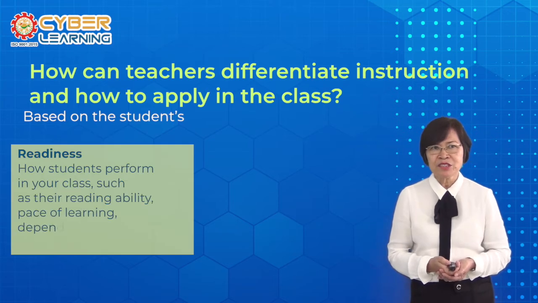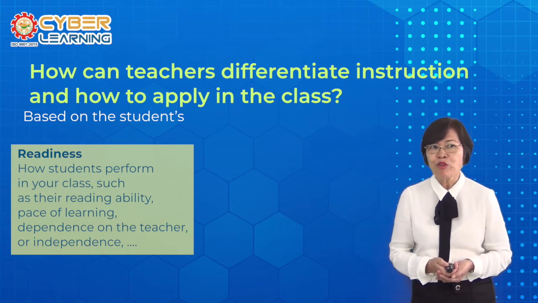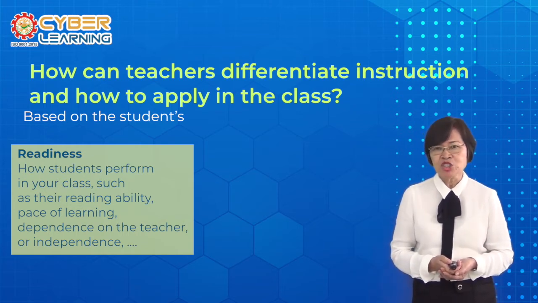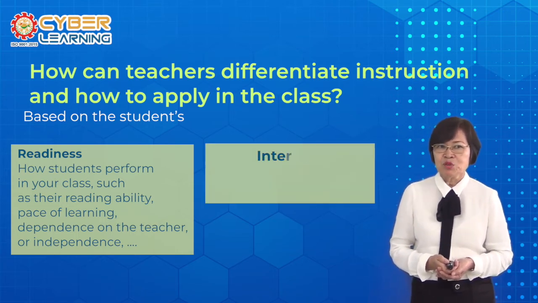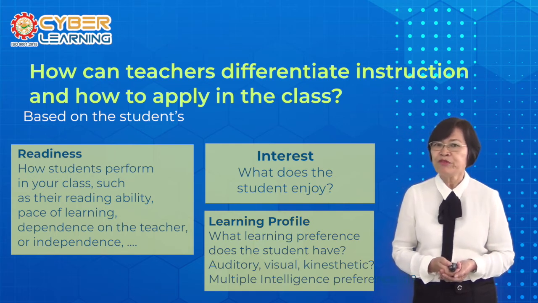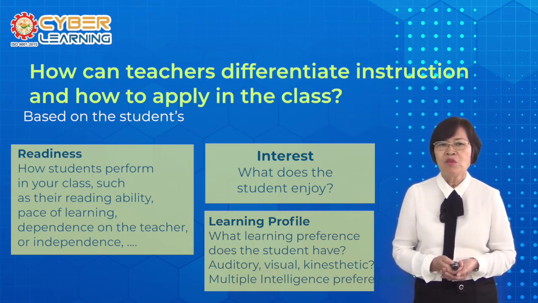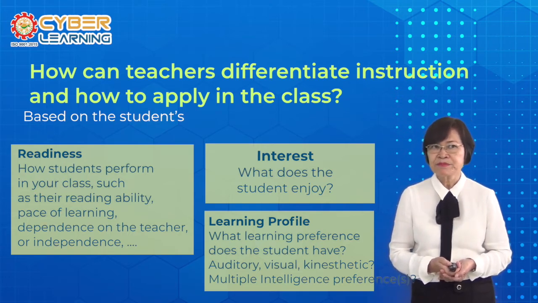Based on students' readiness, consider how students perform in your class, such as their reading ability, pace of learning, dependence on the teacher, or independence. Students' interests and passions: what does the student enjoy? And for students' learning profile or learning style: what learning preference does the student have?